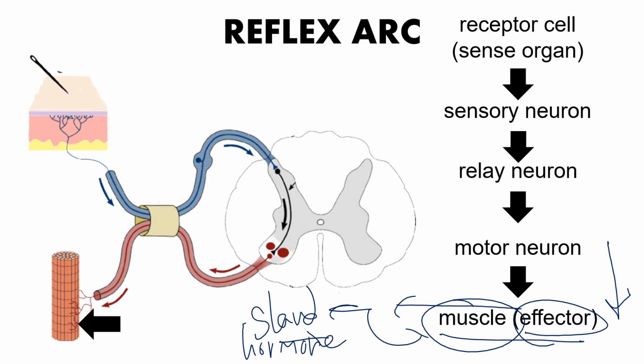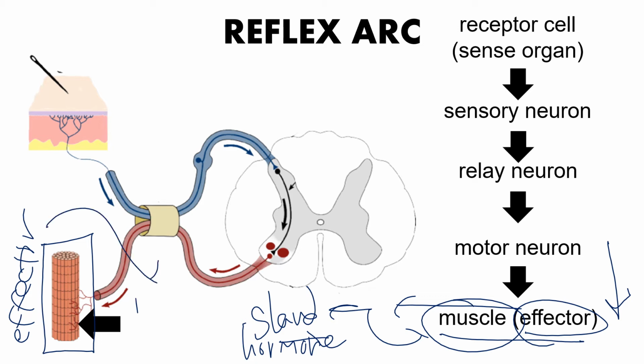At the end of the reflex arc, the impulse arrives at the effector. It arrives at the effector because the effector, whether muscle or gland, is the component that will produce a response so that the action can take place.